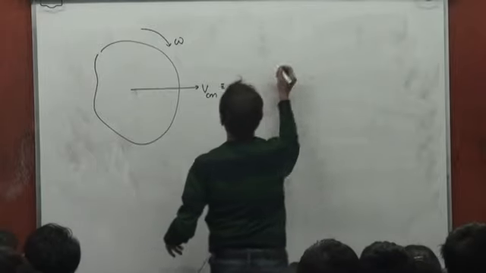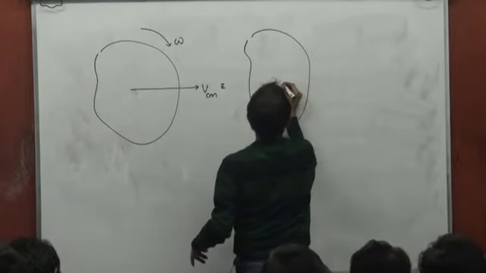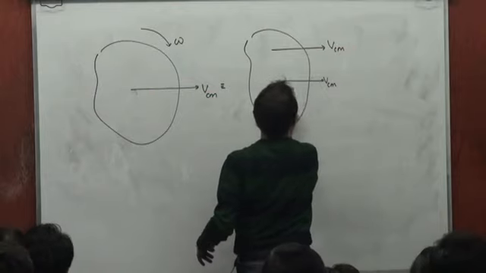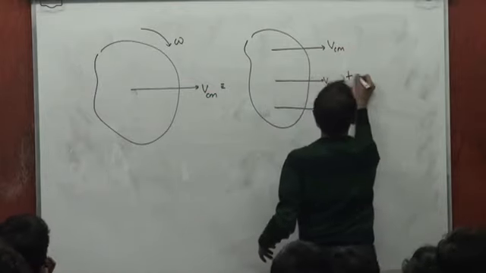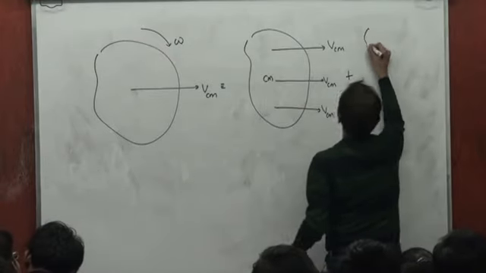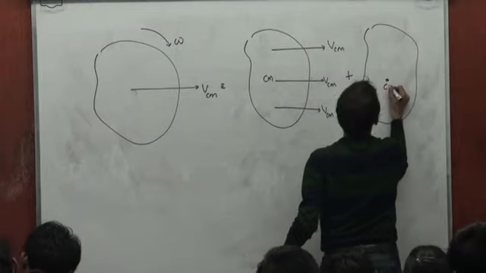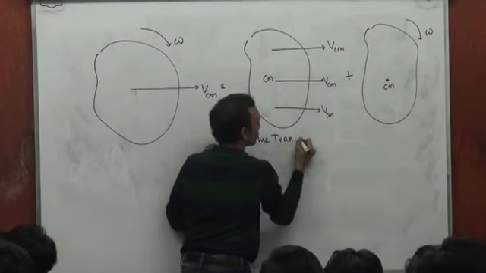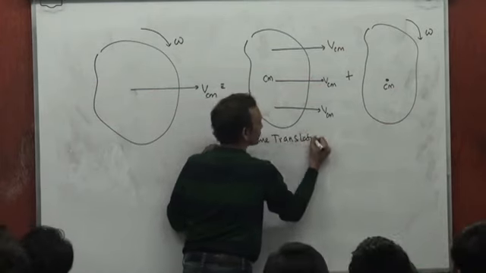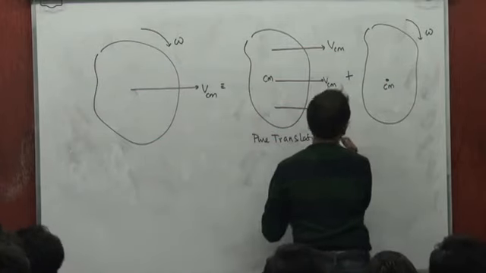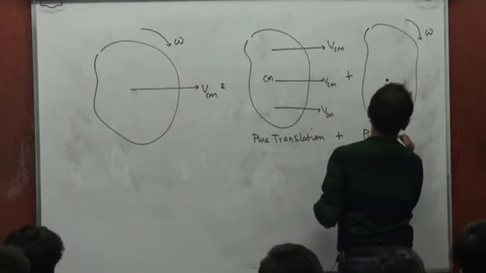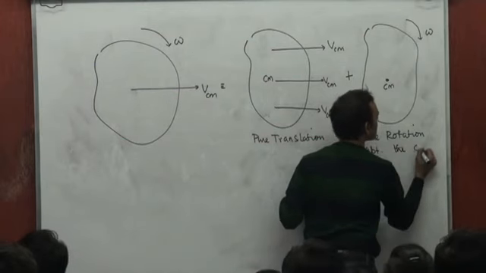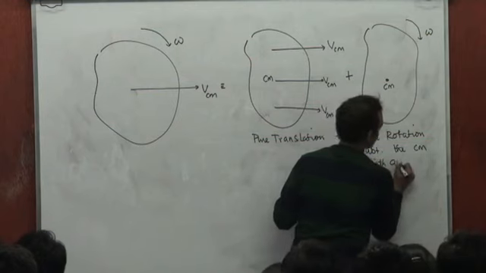Like I said, it's the superimposition of pure translation and pure rotation about the center of mass with an angular velocity omega.